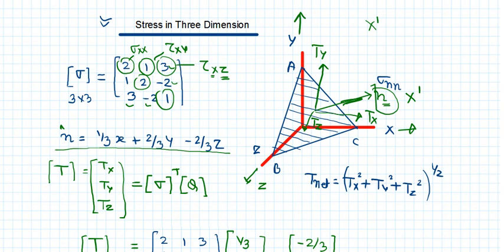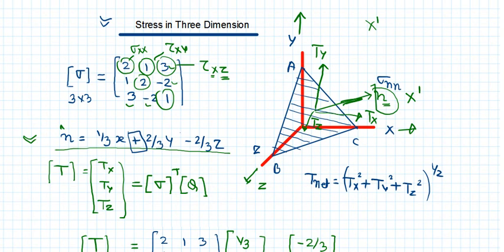Actually, based on this picture it will always be positive, positive, positive, but it's a hypothetical case. Let us presume that we have a normal direction and it is expressed like that: 1 by 3 x plus 2 by 3 y minus 2 by 3 z. Here you should be very, very cautious that you are not supposed to subtract or add these things.